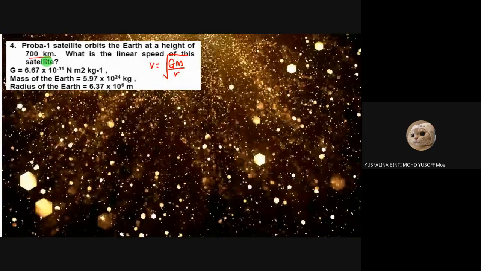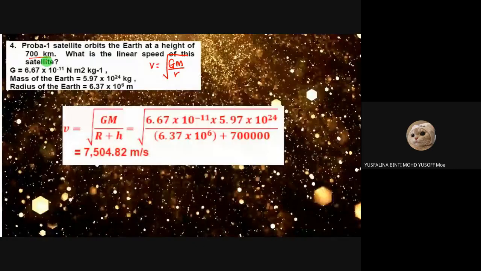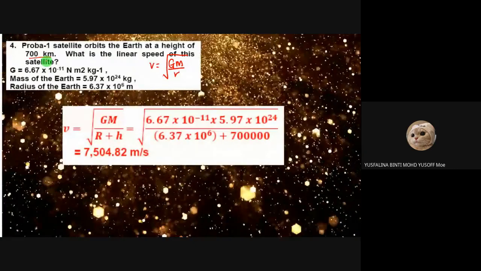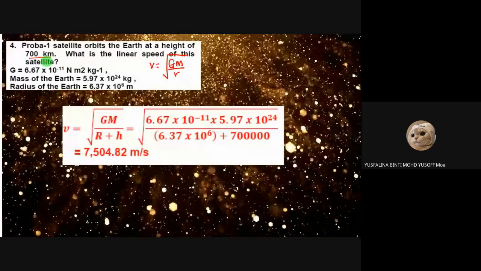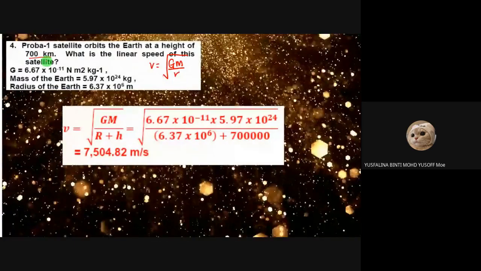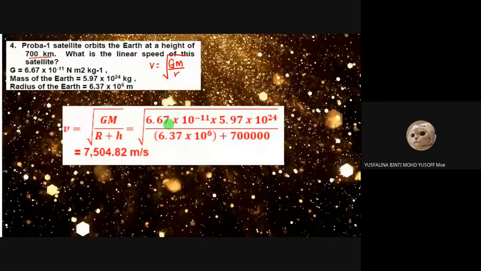Six point nine. Avinash got 6.9 times 10 power of 12. The answer is 7,404.82. Did you calculate it correctly? You see this equation, Avinash?